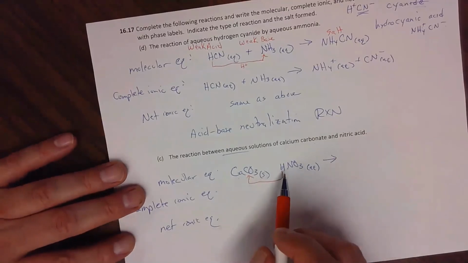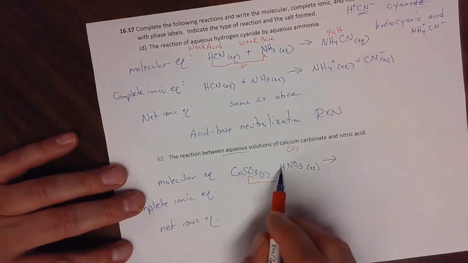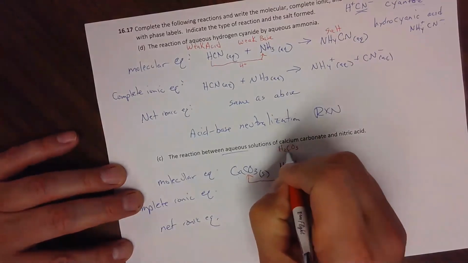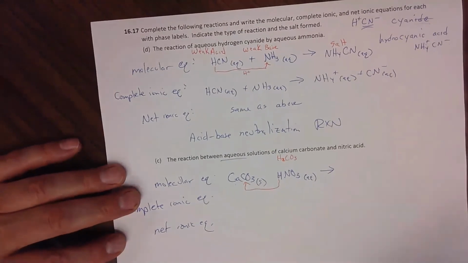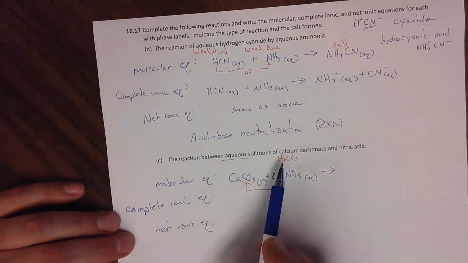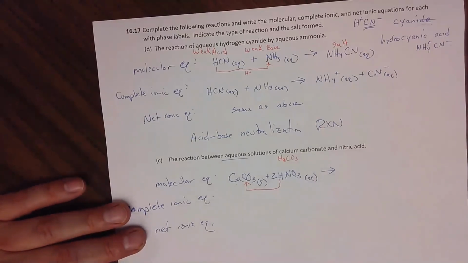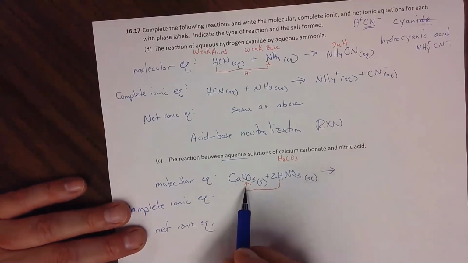And in fact, we have that CO3 2 minus, and we have H plus 1, so that means we're actually going to need 2 of them. So when I'm balancing it, I can immediately say, well, there must be 2 of them because I need 2 to form the H2CO3. And then the counterions, that was the cation with the anion.